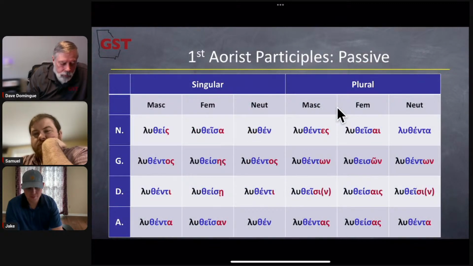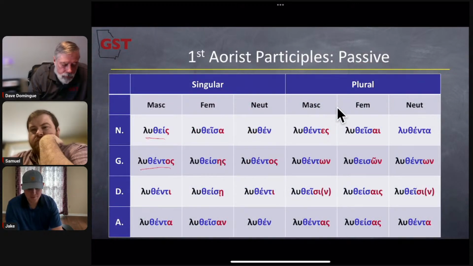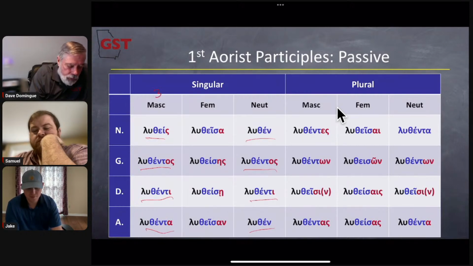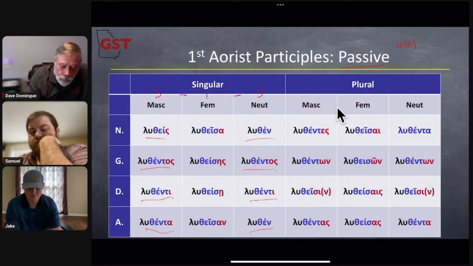And, you know, you can go over this. Luthase, luthentos, luthenti, luthenta, luthen, luthentos, luthenti, luthenten. This is a 3-1-3 pattern because it's passive. And it's going to use the participle morpheme of the new tau: new tau, case ending.